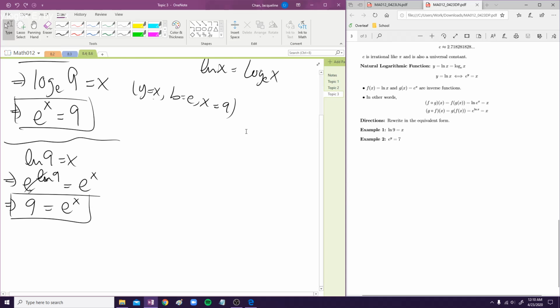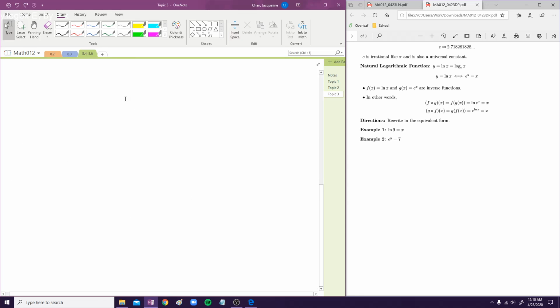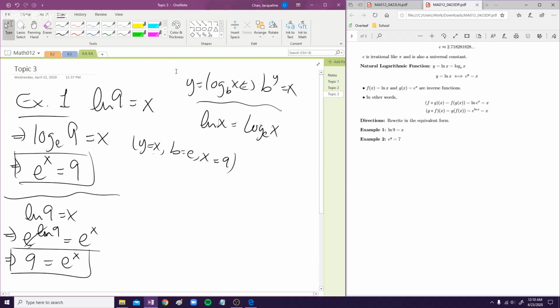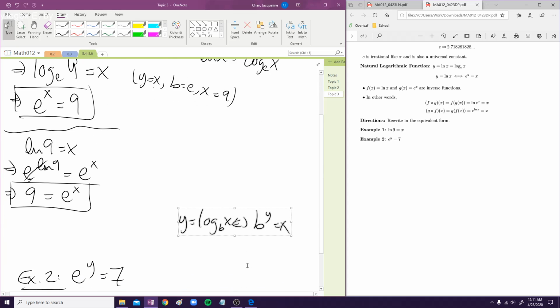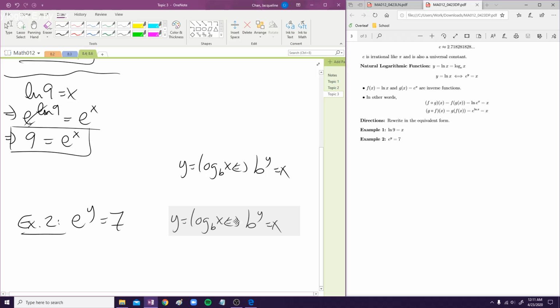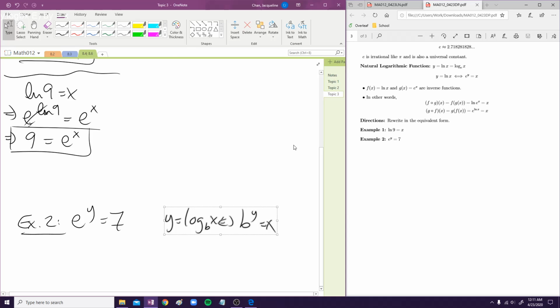So now let's do one more example before we call it a day. The final example we're going to do is e to the y is equal to 7. In this case, we are in exponential form.